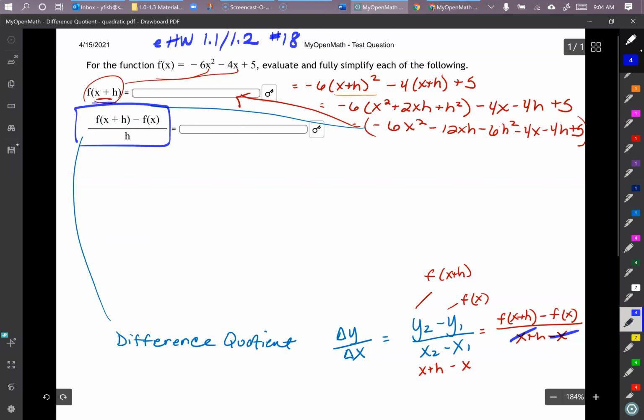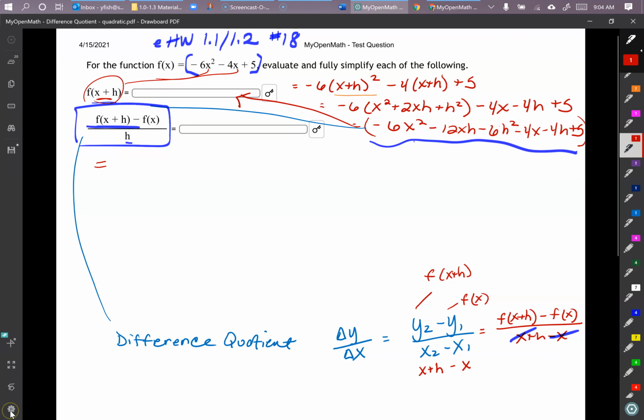So what we're going to do is take all of this and put it in for f of x plus h. Then we're going to subtract off our function, make sure you use parentheses, and divide by h. But there's a lot of simplification that goes along the way. So start by rewriting this over here down beneath, and I will pause the video and write that in as well.